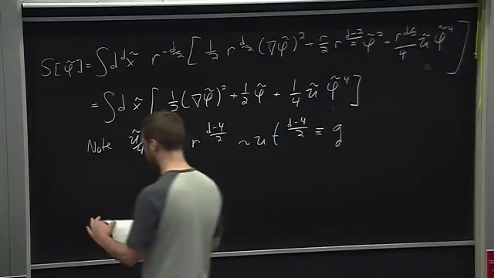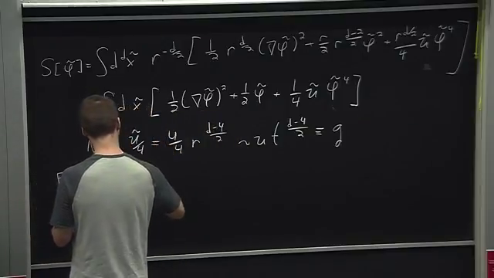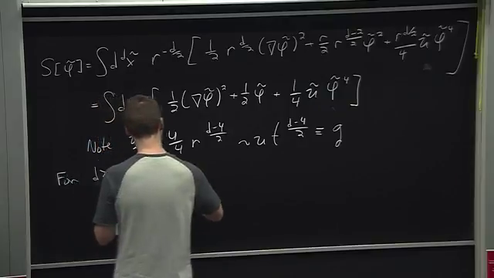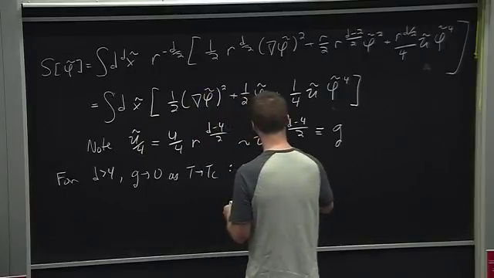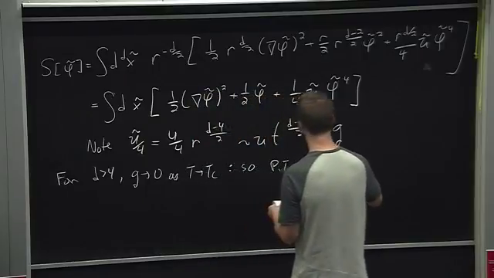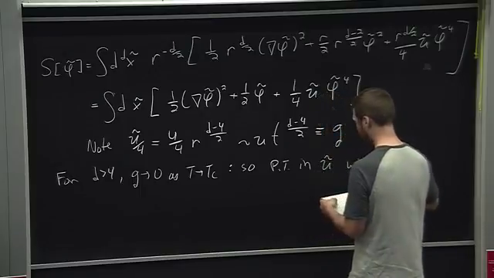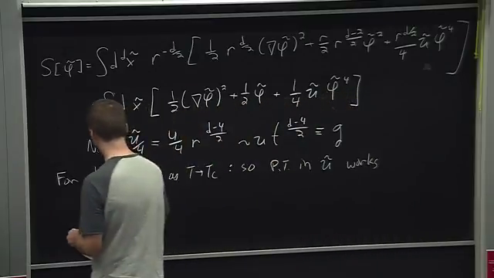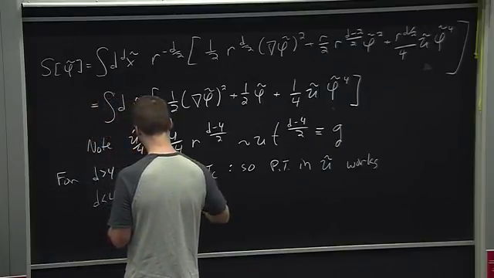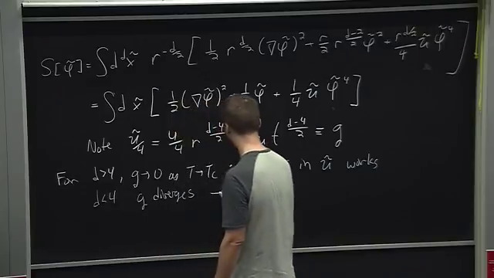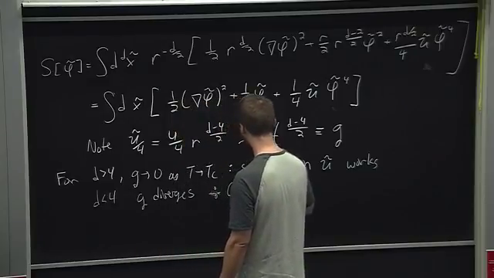So for d greater than 4, the perturbation theory in u tilde works, but for d less than 4, g diverges. So Gaussian plus fluctuations gives the wrong result.